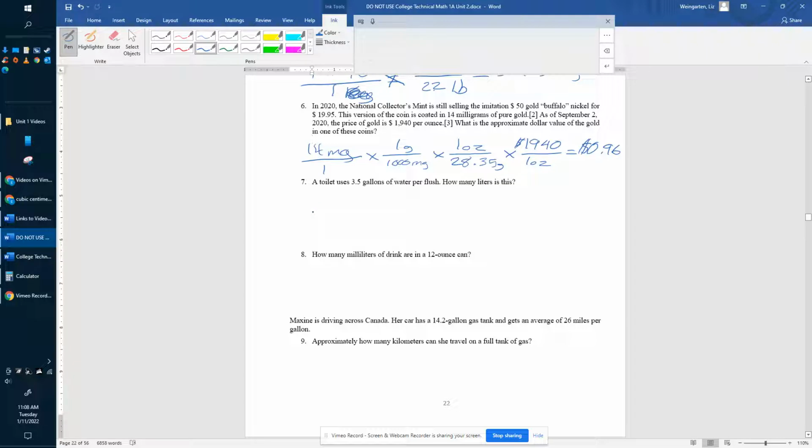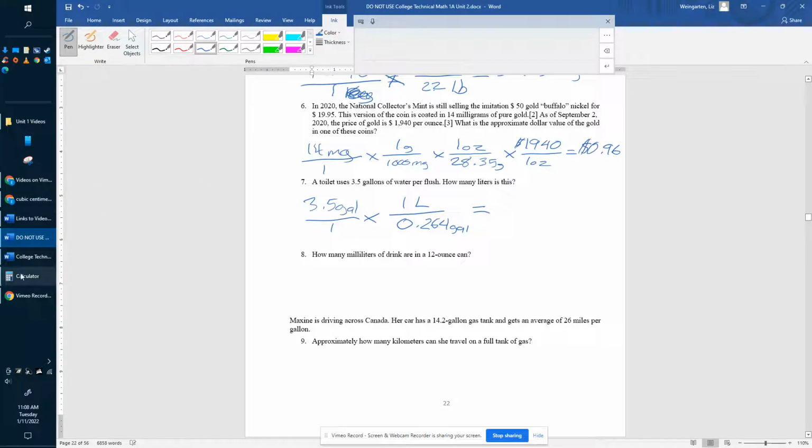A toilet uses 3.5 gallons of water per flush. How many liters is this? 3.5 gallons over 1 times liters in a gallon. So in 1 liter, there are 0.264 gallons.